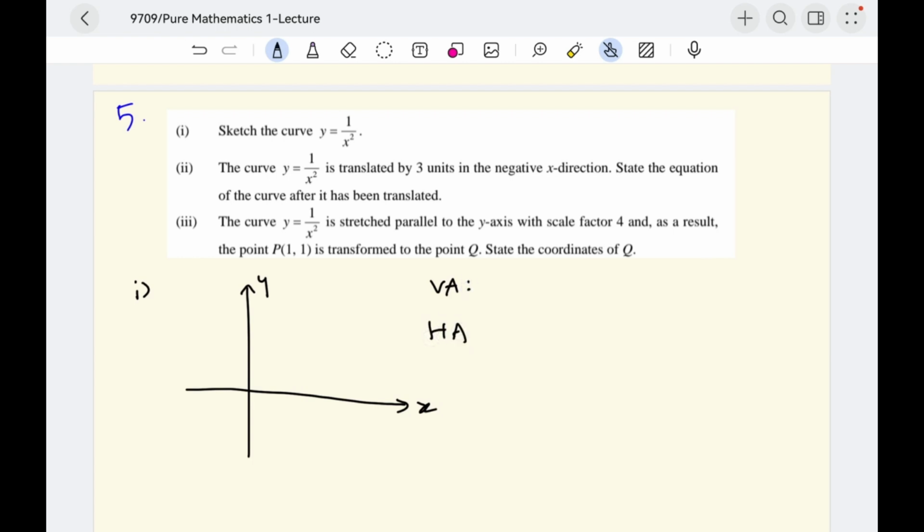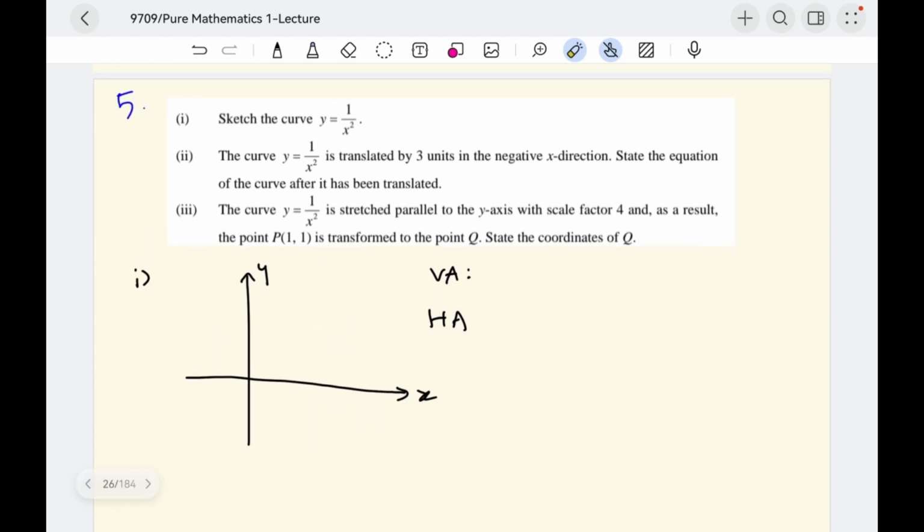So what is VA? VA is a vertical asymptote. So what is a vertical asymptote? It is a vertical line whose position depends on the x coordinate. So to find the vertical asymptote, what things cause this function to be undefined?